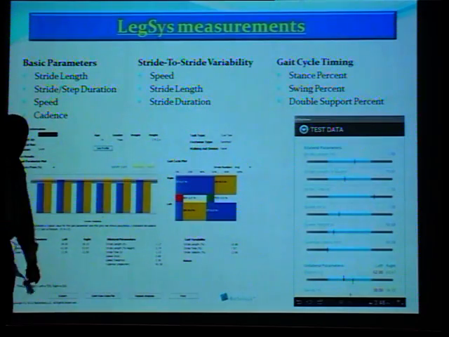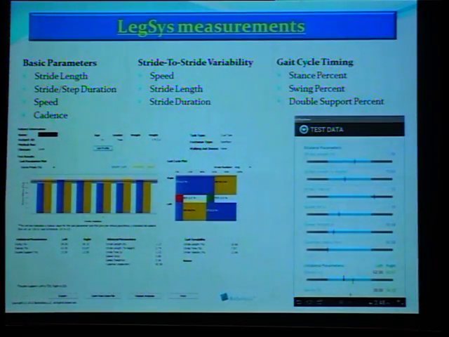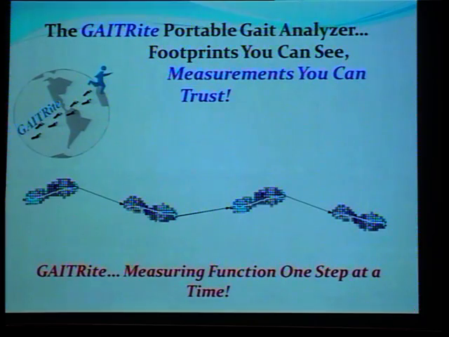Because when your leg is going up, that's a single support; when you have both legs on the ground, it is called double support. That is what it measures. Okay. And this can also be interfaced to an Android application, and you can see this on Android phones too. This is the simplest of the gait systems that you saw.